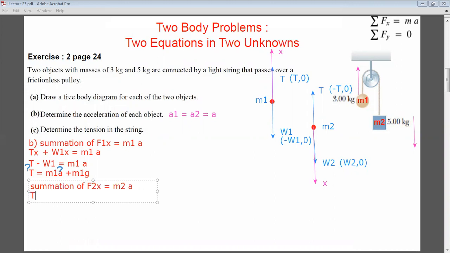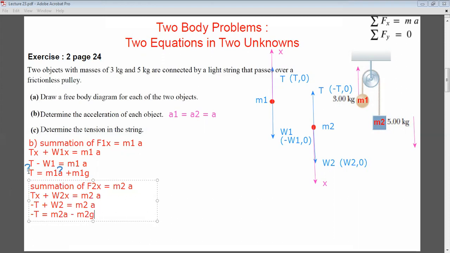We get Tx plus W2x equal to m2a. Tx is minus T because it's in the opposite direction of the x-axis, plus W2 because it's along the x-axis, equal to m2a. So minus T is equal to m2a minus W2, which is m2g.